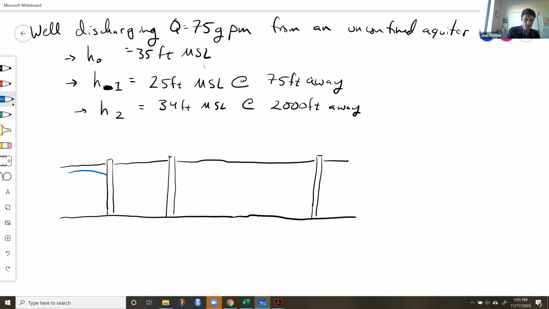So we got our little cone of depression. Originally, we were at 35 feet. Here we're at 34 feet. Here we're at 25 feet.